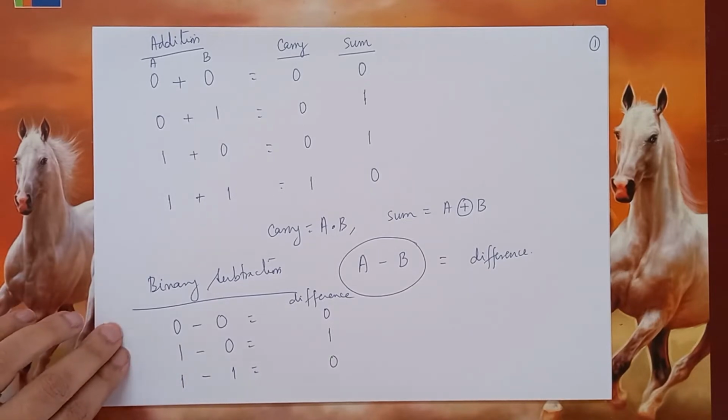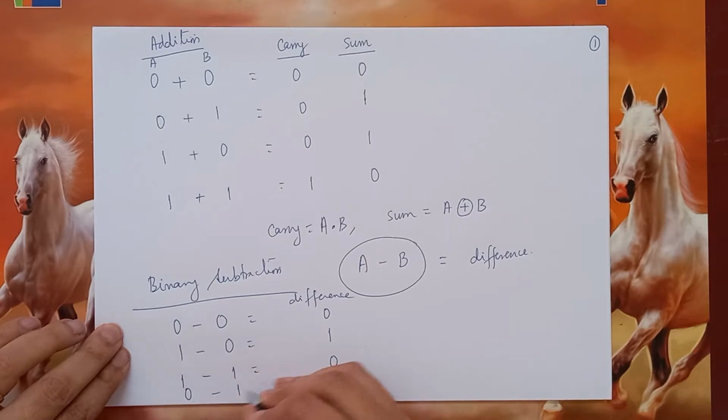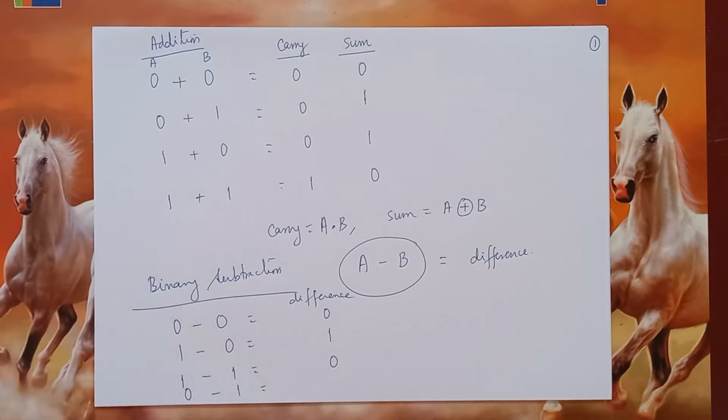Now, the fourth case is very, very interesting. When I am doing 0 minus 1, what would be the difference? Now, what you are noticing is that the first number is small and the next number is larger. So the concept of negative numbers comes into the picture.